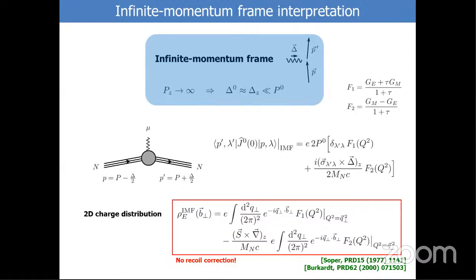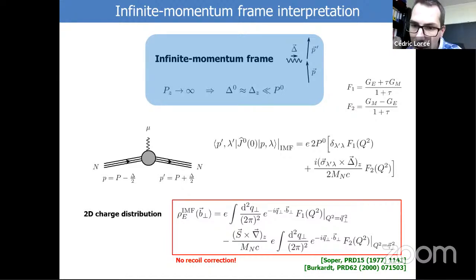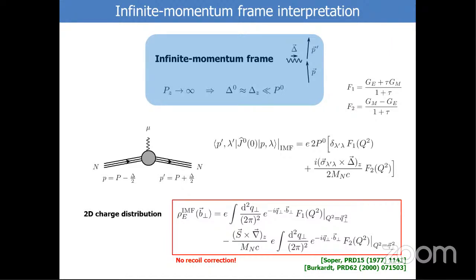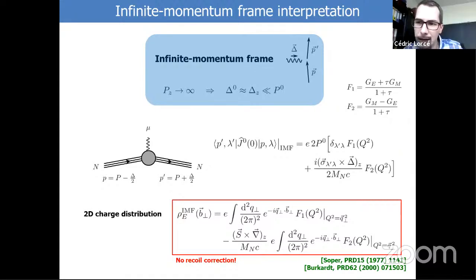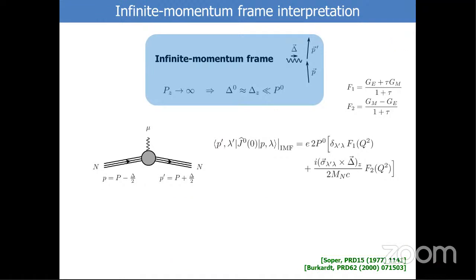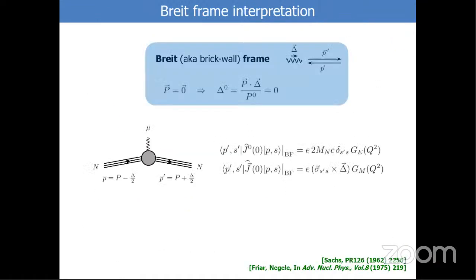One question, please. Here you are using lambda prime lambda to show the spin dependence. Yes, I am using a different symbol here just because it's a different Lorentz frame. That's all. That is an important point, and we will come back to it later.